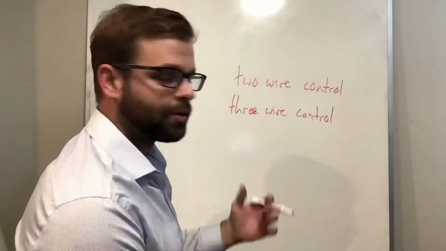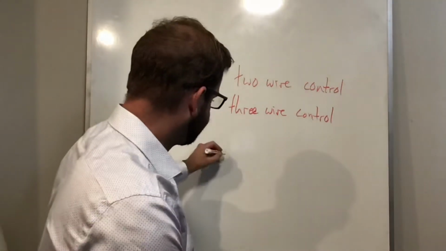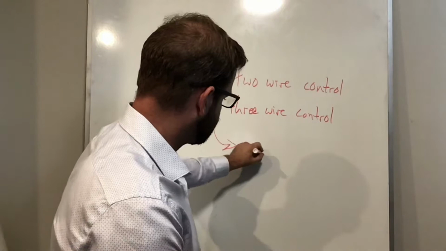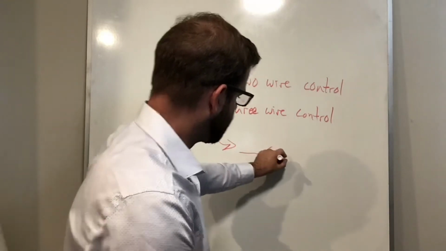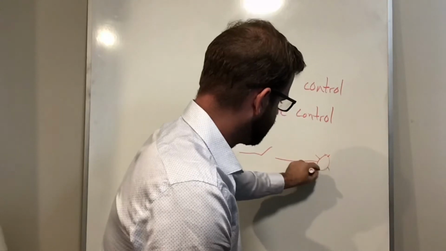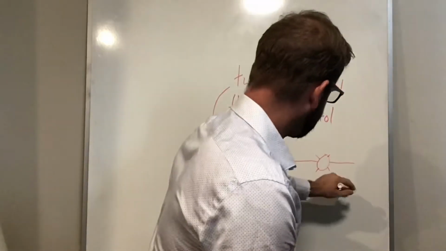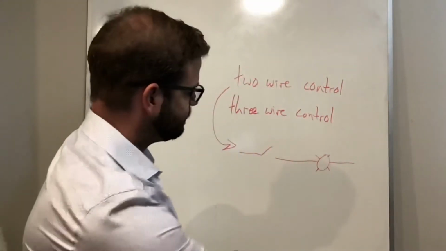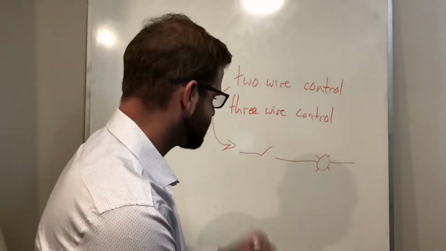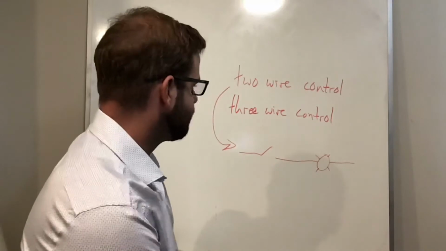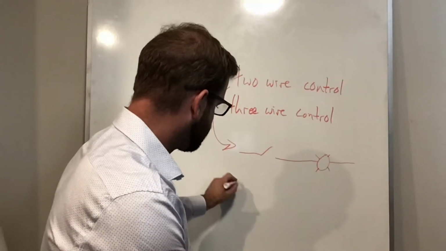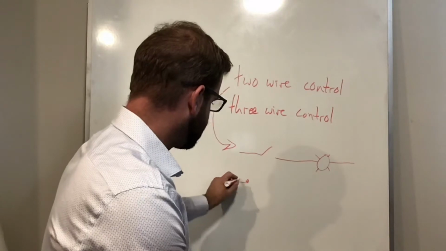So 2-wire control, as we talked about, was essentially just having a toggle switch going to a pilot light, and once the switch is closed, it completes the path and the light turns on, so obviously you have a source and then return. So that was 2-wire control.